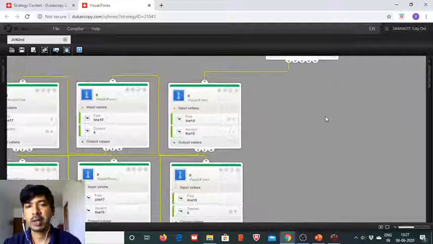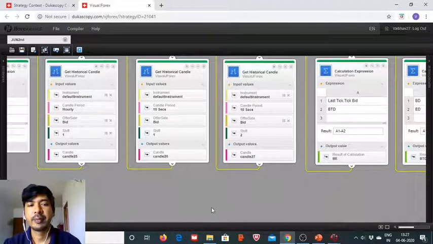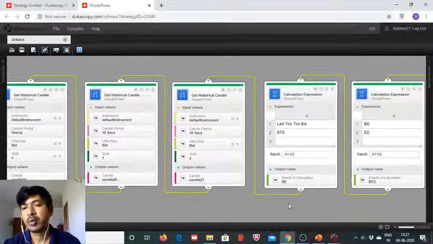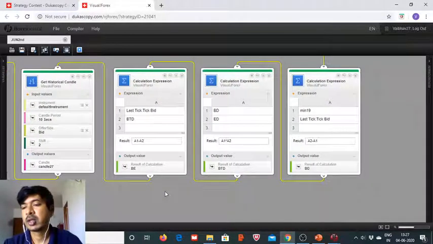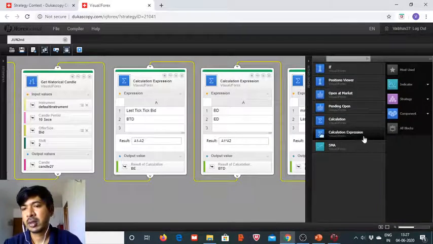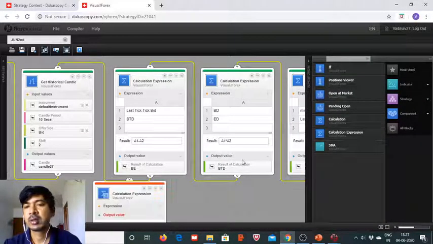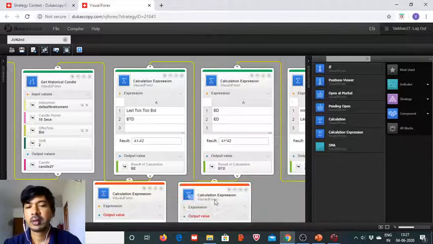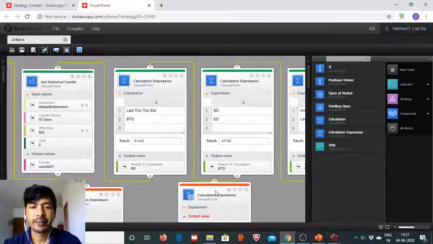Now we have to start working with the parameters for the sell side, and as I said, we need to do the calculations afresh for the sell side. So we bring in 3 calculation expressions, and then we can start working on the sell side.